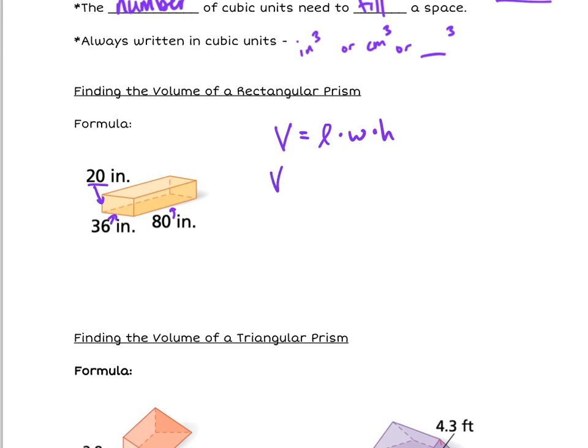So in this case, volume equals 36 times 80 times 20. You would put all of those numbers into your calculator, 36 times 80 times 20, and you would get the volume equals 57,600.